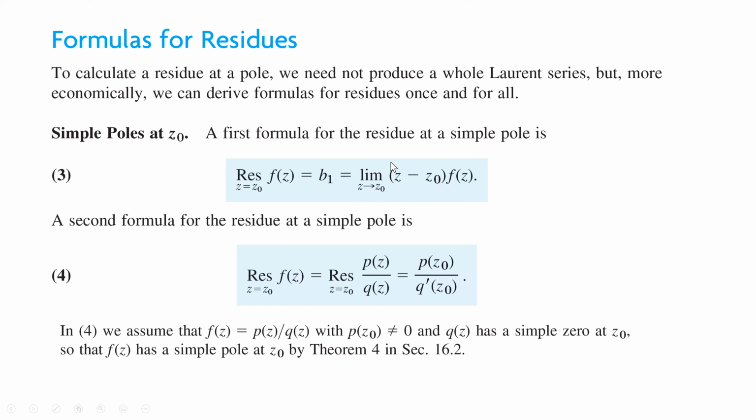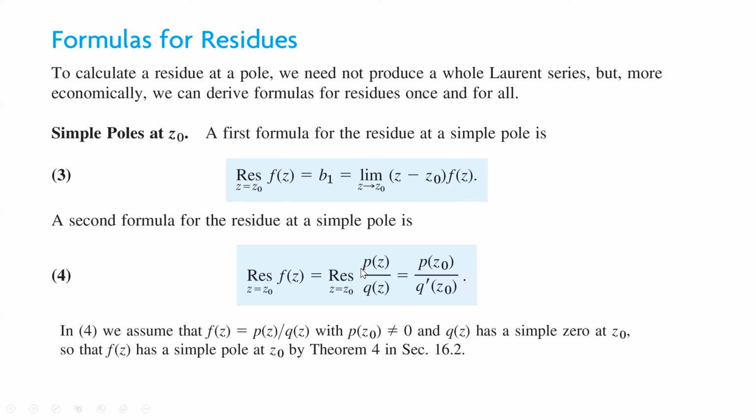So by multiplying z minus z naught by f(z), we actually cancel that denominator and then evaluate that expression at z naught. I explained how this becomes b_1, because all the terms now have a factor of z minus z naught. If you put z equal to z naught, all those other terms become 0. The only term that remains here will be b_1.